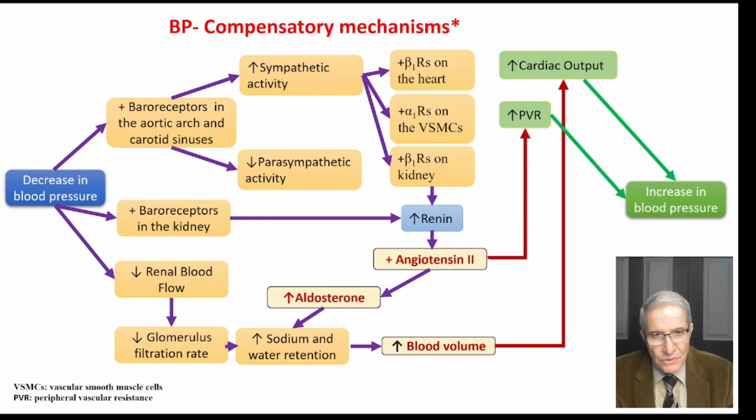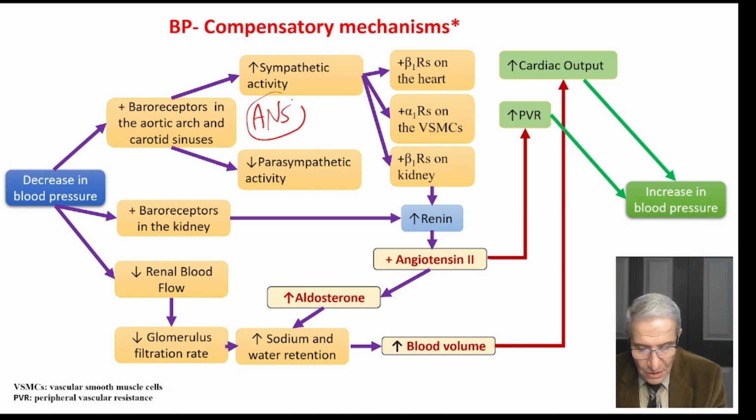Okay, so as you can see in this slide, we have the two main mechanisms controlling blood pressure. The first mechanism will be the autonomic nervous system. So when the blood pressure decreases, the baroreceptor will be activated.